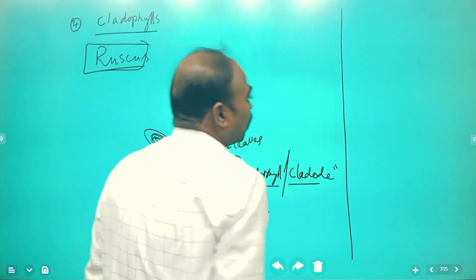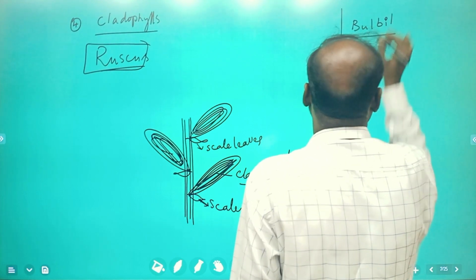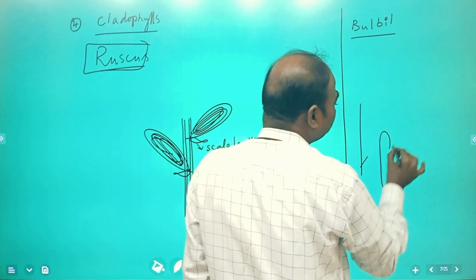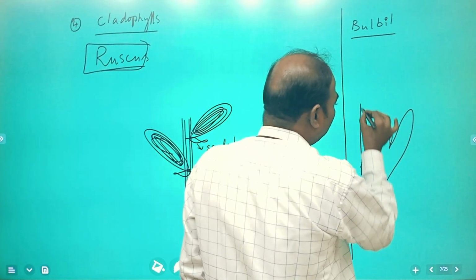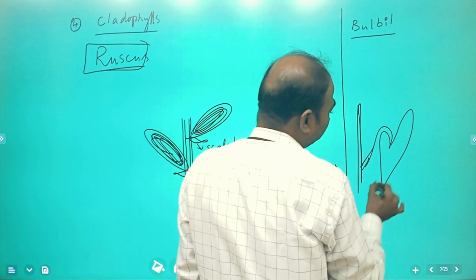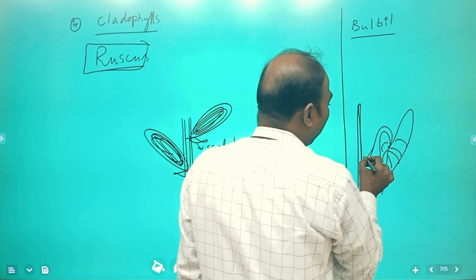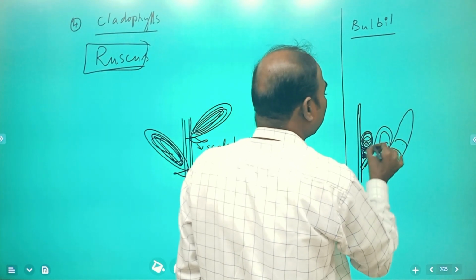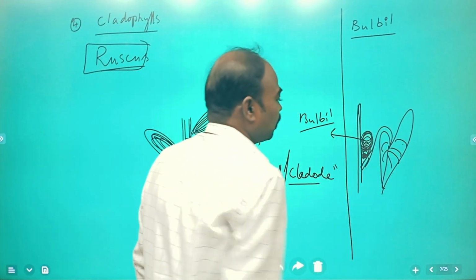That is cladophyll. The last one, bulbil. In the aerial stems of some plants like Dioscorea, the axillary bud grows, stores food material, becomes bulged and forms a bulbil.